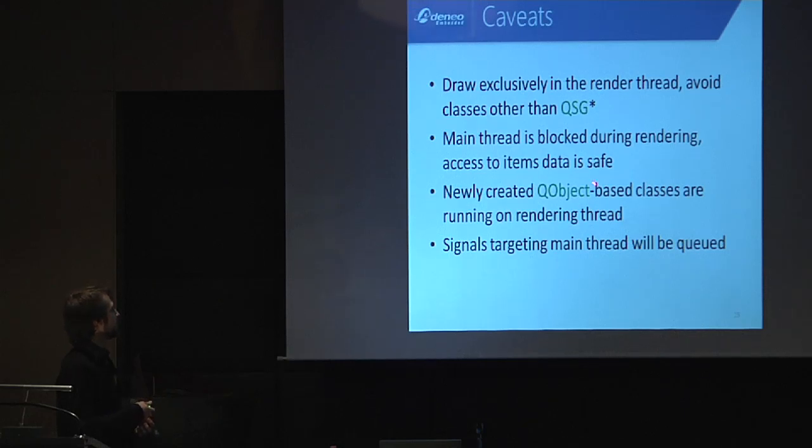The newly created QObject-based classes, for example, are running on the rendering thread, so all the objects you create during the render of the object are created on the rendering thread and not on the main thread. So if you create objects at this time and try to access them from the main thread, that will probably cause problems because you have two threads that are sharing an object, and then usually bad things happen.